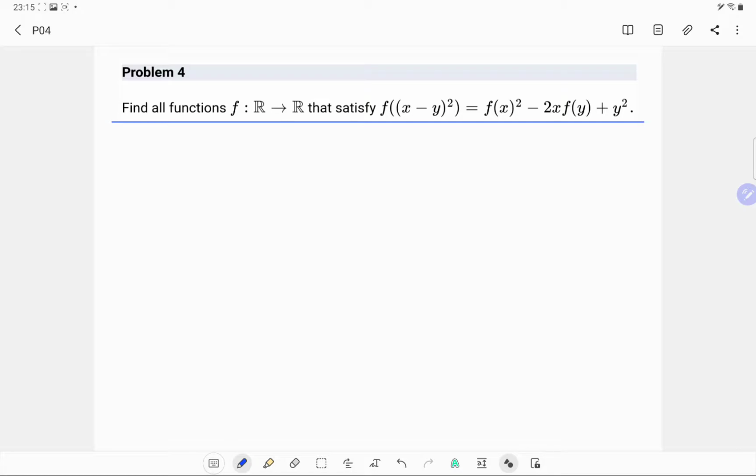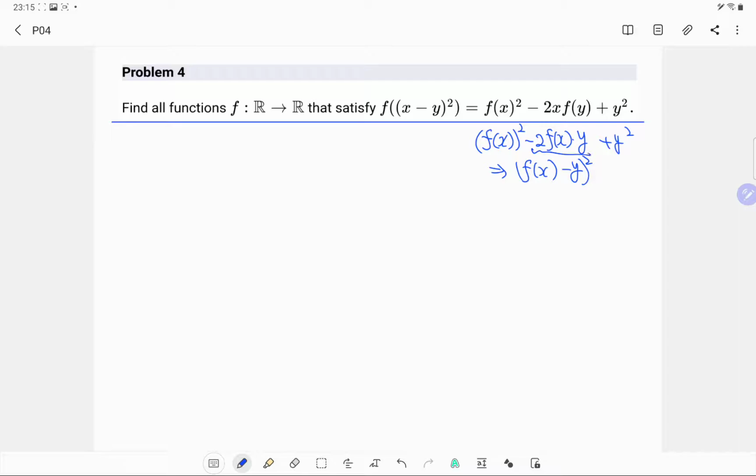So we observe that on the right hand side, we may try to complete the square, but it is not good enough. If we want to have f(x) squared and then y squared, and complete this square, it should look like 2 times f(x) times y. Then we can complete this square as (f(x) - y) squared.